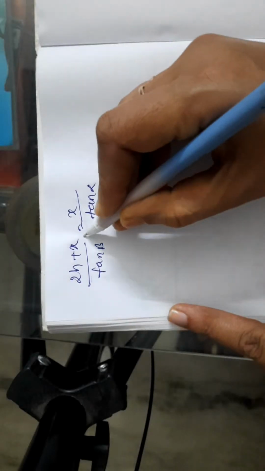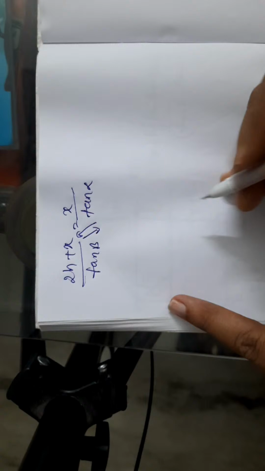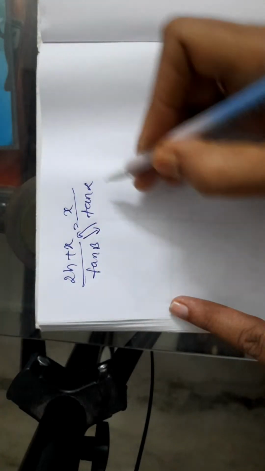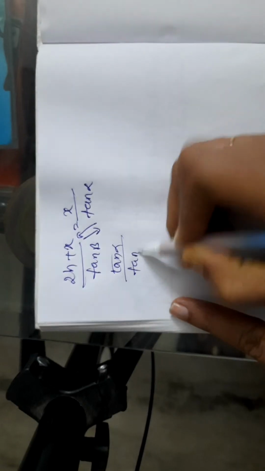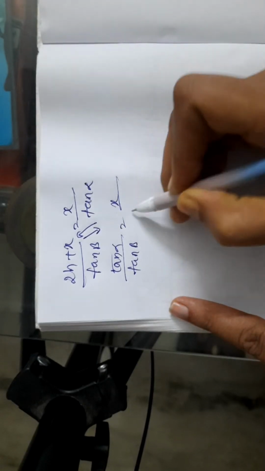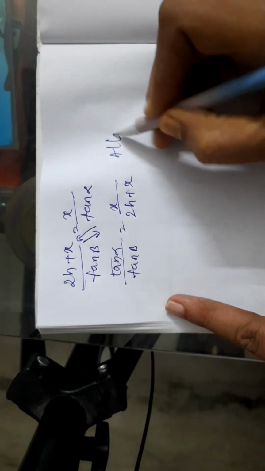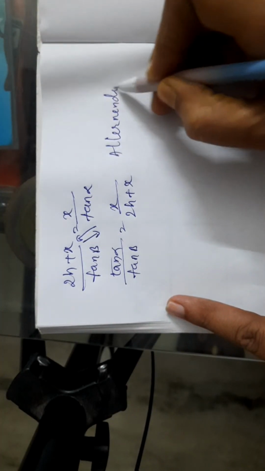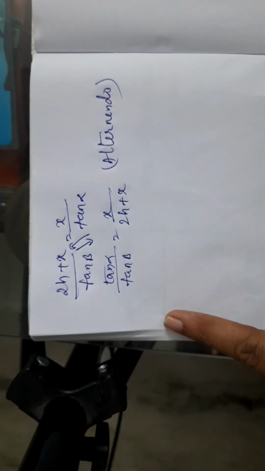When we exchange the numbers in that way, we call it alternando. So tan alpha upon tan beta is equal to x upon 2h plus x. This we did by alternando.